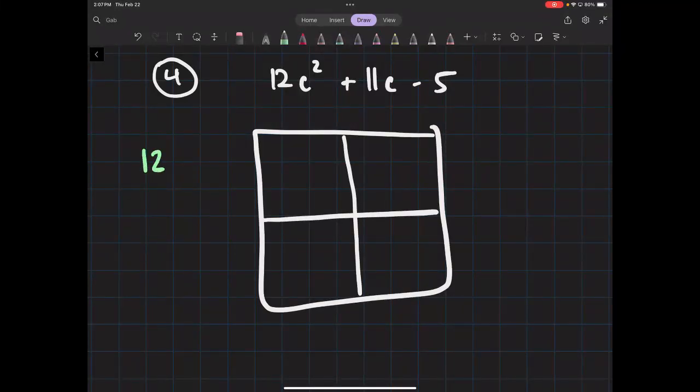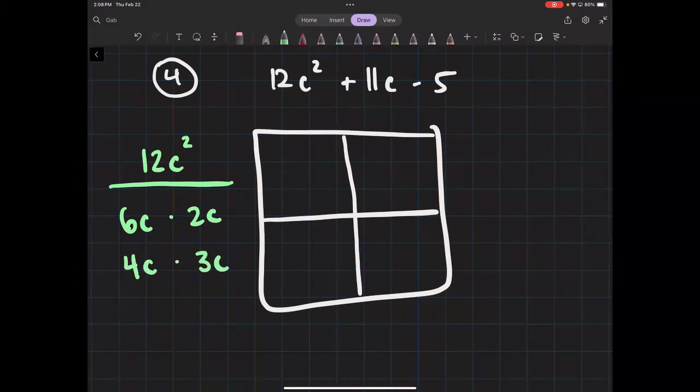Can't you guys see that this 12c squared is a little crazy? Okay, give me some factors. 6c times 6c, 2c, 4c, 3c, and then of course the 12c, 1c.